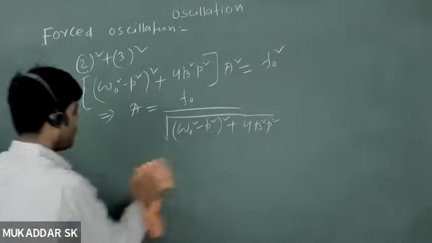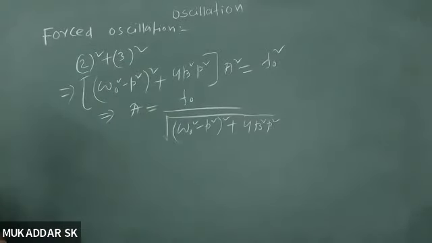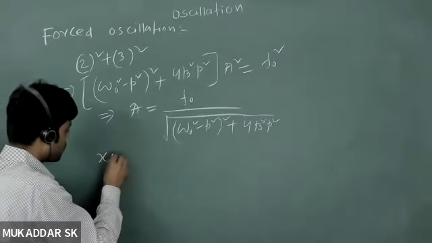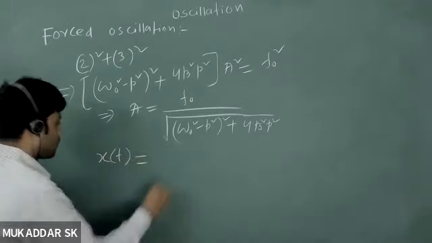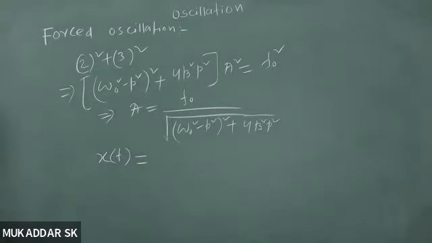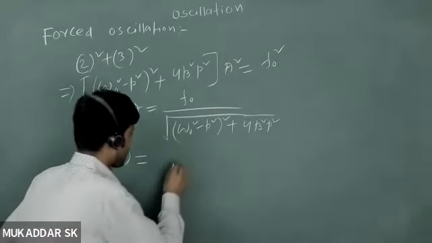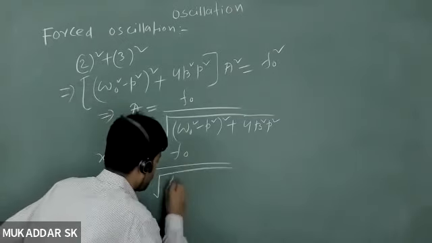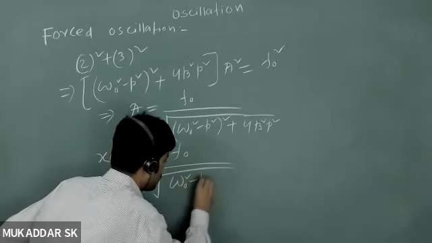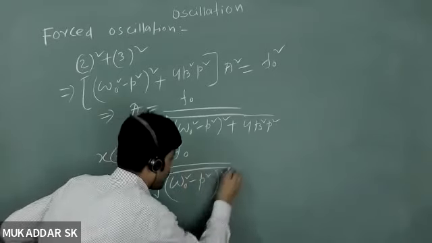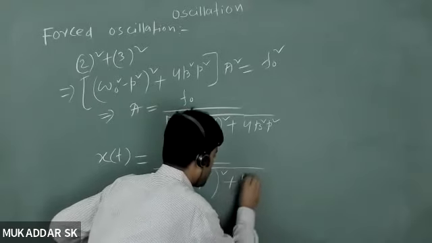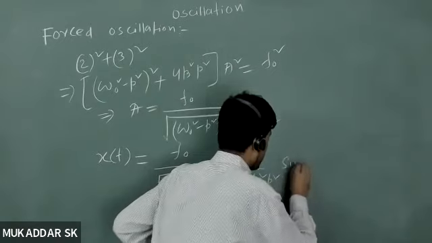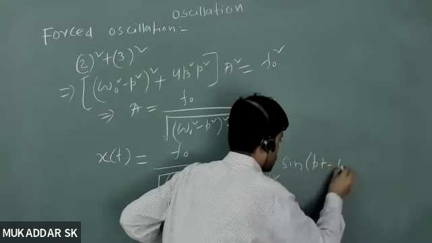Is this part clear to all? So finally I can write the solution of your forced oscillation as f naught divided by square root of (omega naught square minus p square) whole square plus 4 beta square p square, and you have sine (pt minus theta).